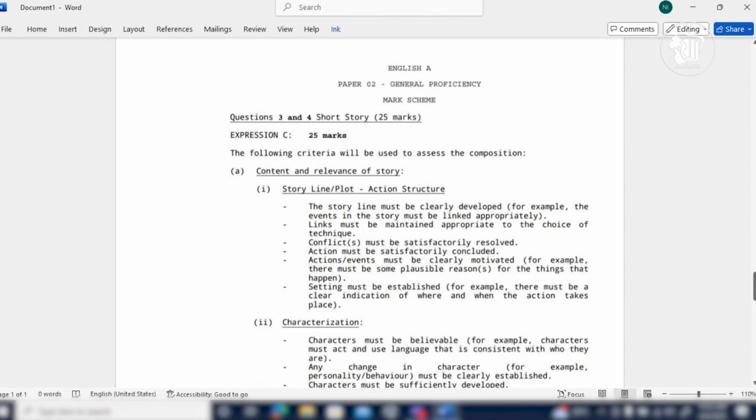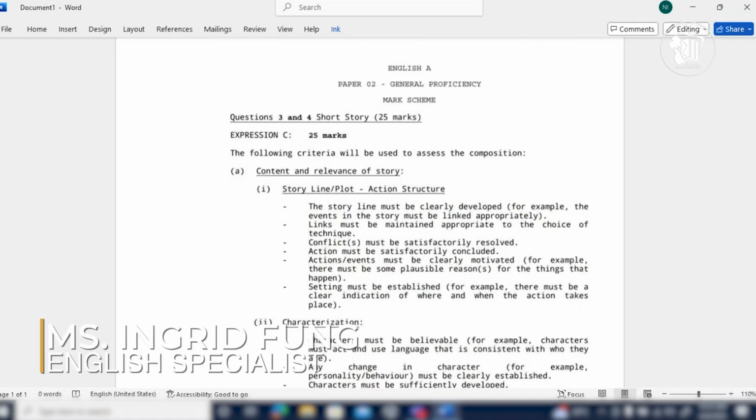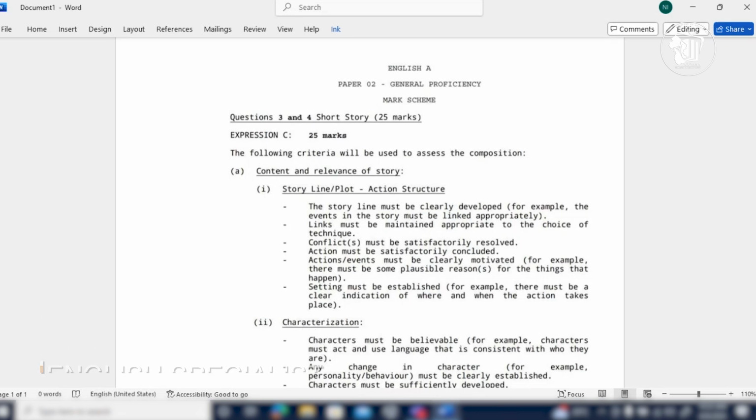So here we have the mark scheme. 25 marks for this short story class. 25 marks. And this story will be marked holistically. Now they're looking at this story, and because it's a creative piece, they're assessing it for 25 marks. When we come to persuasive writing in our next class, we'll see that that's marked differently. But this is marked holistically.